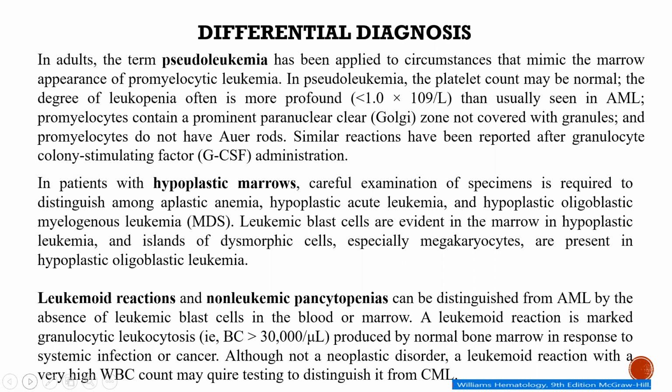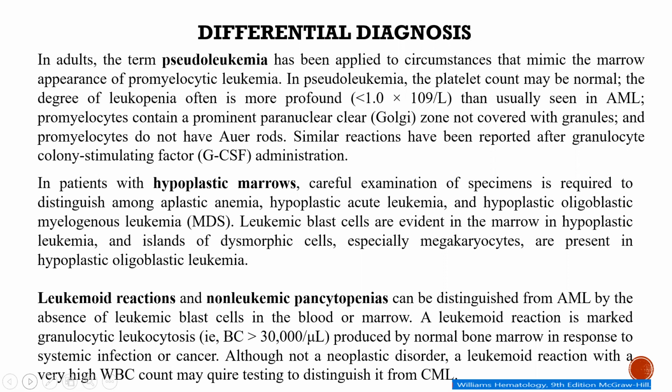The degree of leukopenia is more profound than usually seen in acute myeloid leukemias. Promyelocytes contain a prominent paranuclear clear zone not covered with granules, and promyelocytes do not have Auer rods. Similar reactions have been reported after granulocyte colony stimulating factor administration.